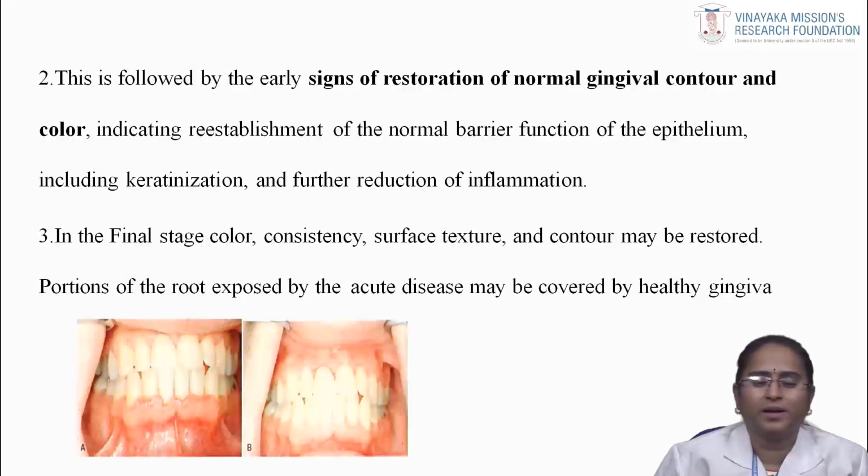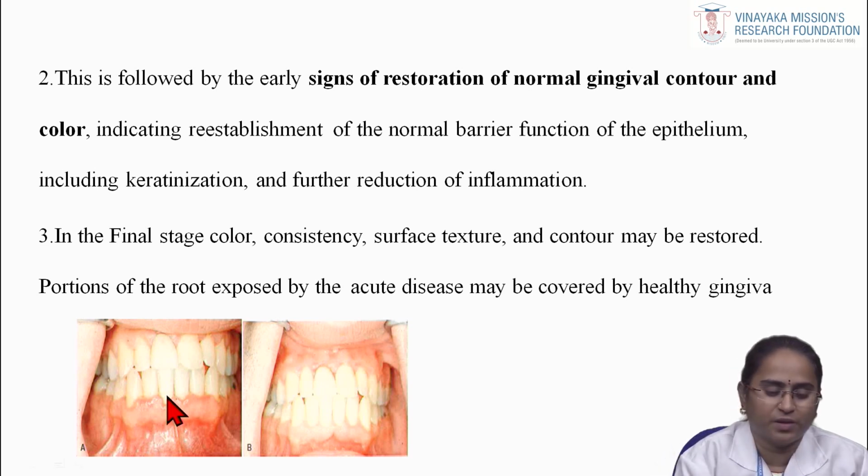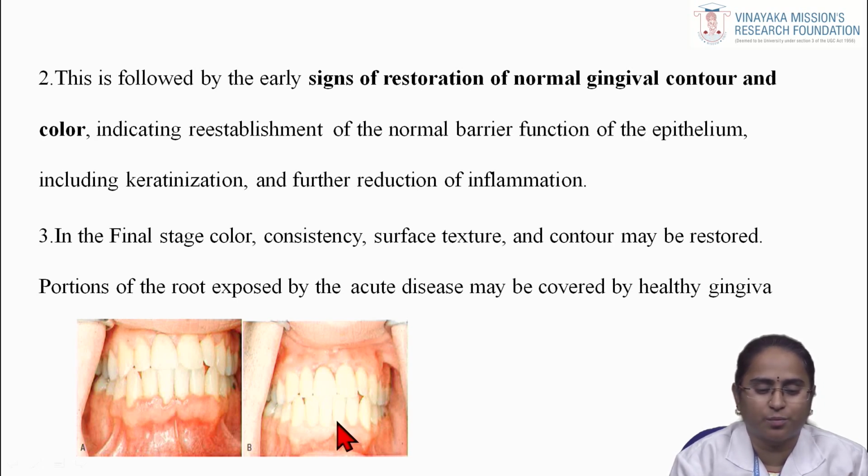This is followed by restoration of the normal gingival contour and color. In the final stage, consistency, color, surface structure, and contour will be restored, and portions of root exposed by disease will be covered by healthy gingiva. In this picture, irregular contouring of the gingiva is seen, whereas at the end of the treatment the gingival contour has been restored.